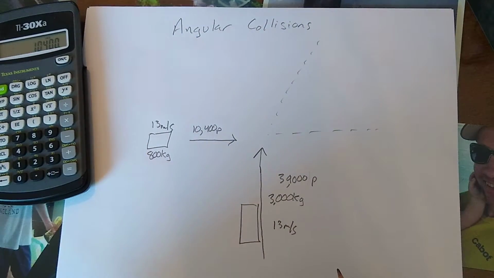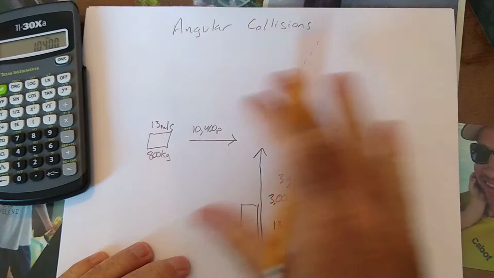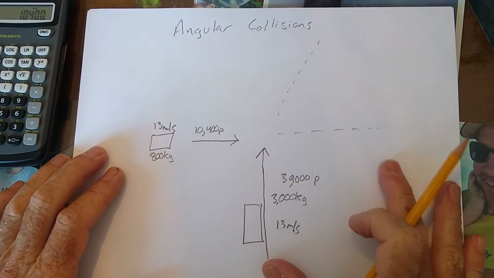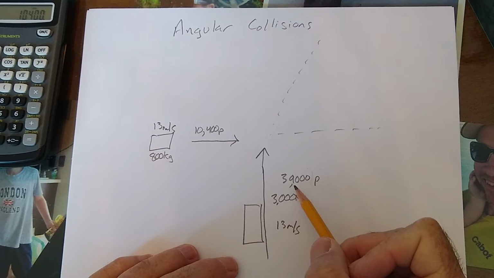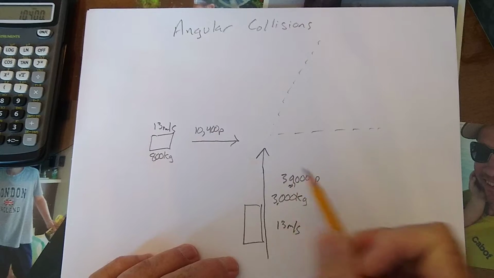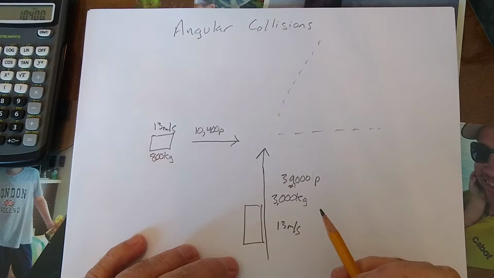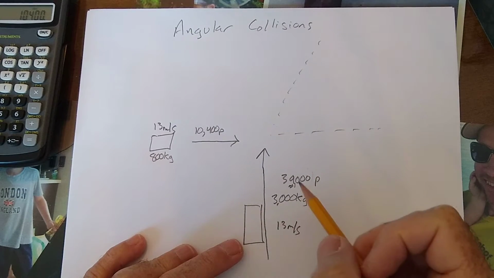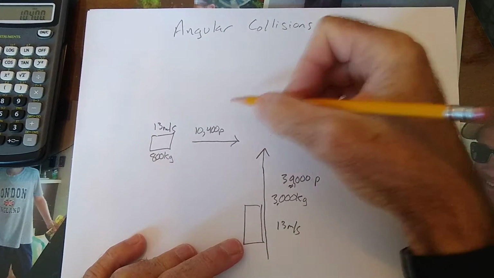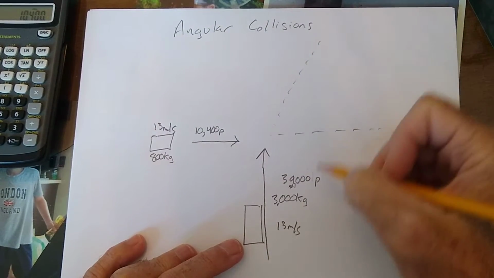So what we're going to end up with here, guys, is a new triangle up here. All right, we're going to trig this problem. We have 39,000 P and 10,400 P. So we're going to end up with a triangle up here after the collision, right?